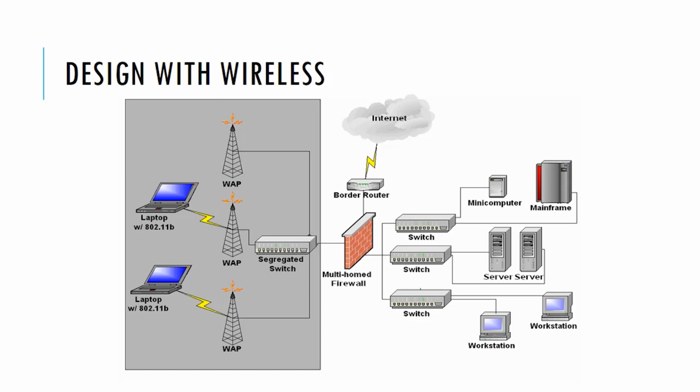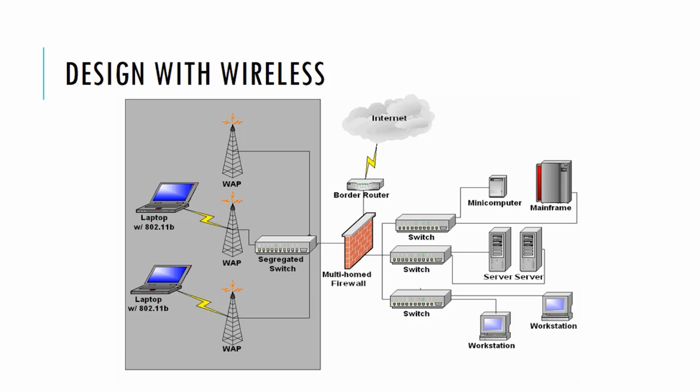The section at the left of the firewall is the new section. We can see that we have several wireless access points, WAP, that are connected to a segregated switch, a separate switch from all the other network, that is communicating all the wireless access points together.